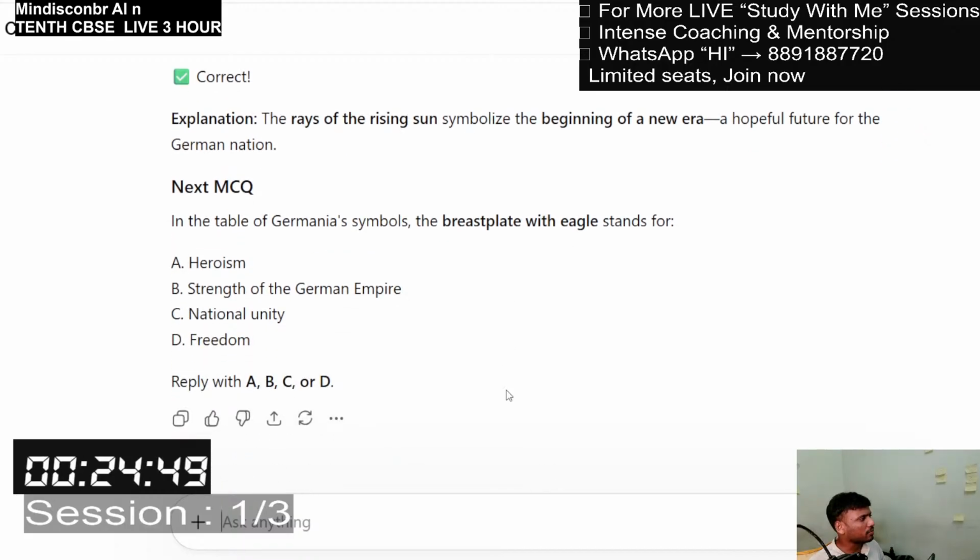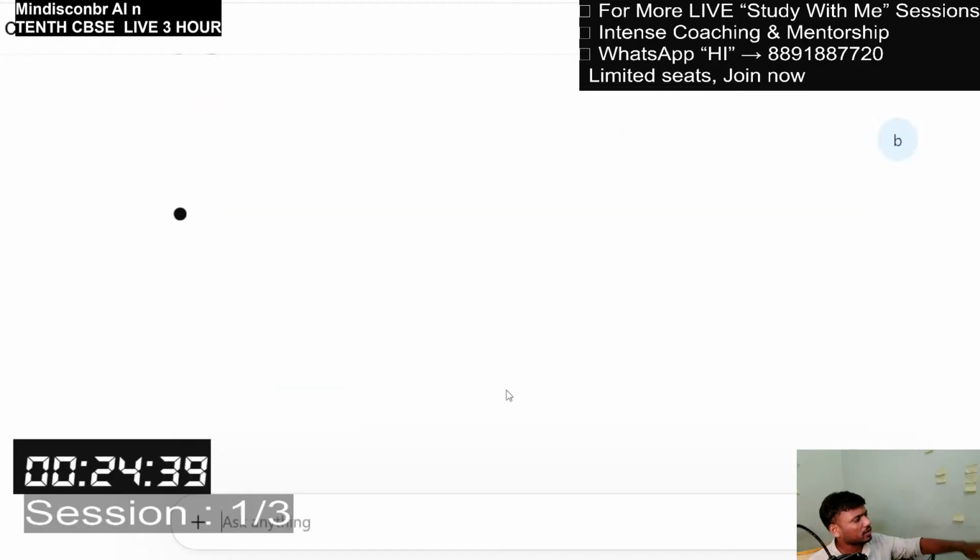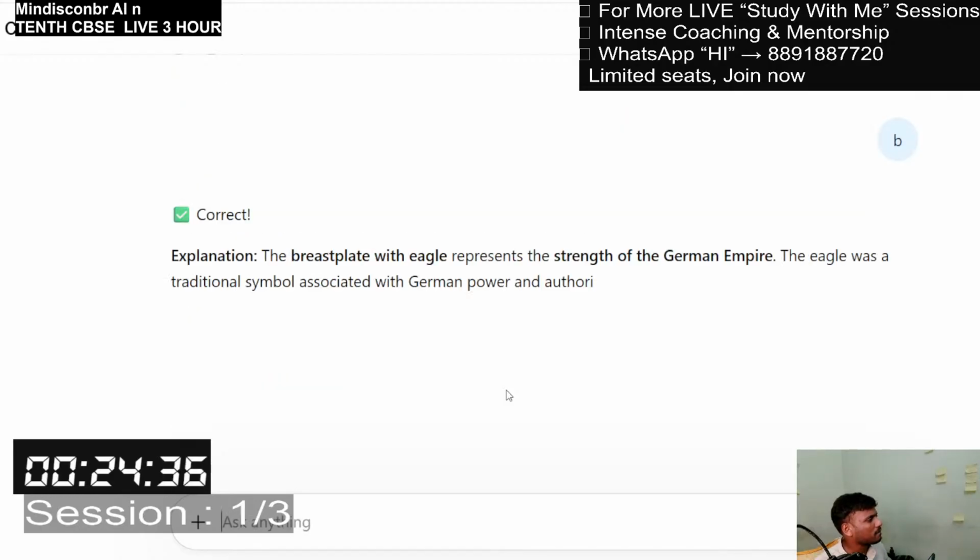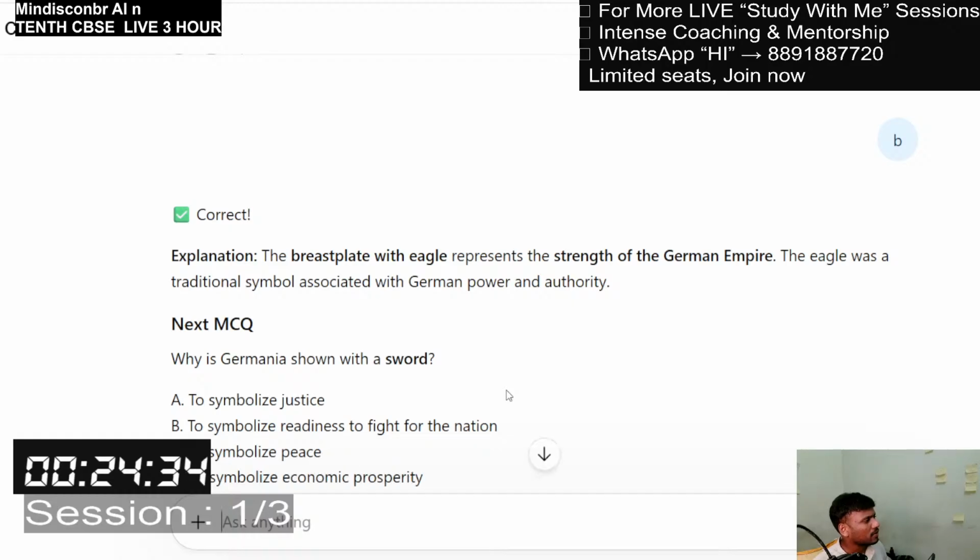In the table of Germania symbols, the breastplate with the eagle stands for strength of the German Empire. The breastplate with eagle represents the strength of the German Empire. The eagle was a traditional symbol associated with German power and authority, whereas oak leaves represent heroism.